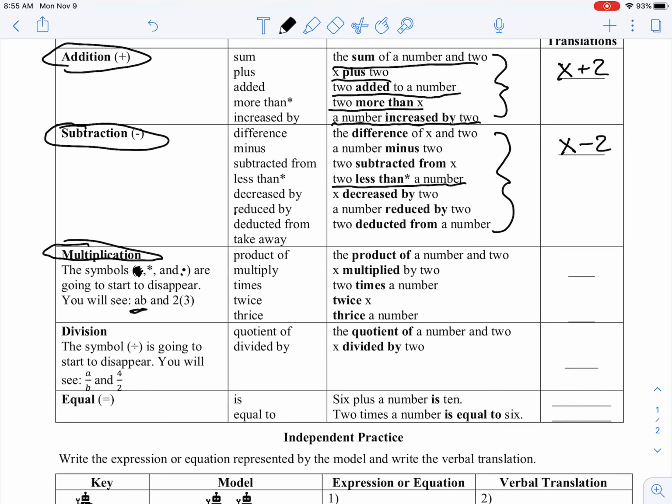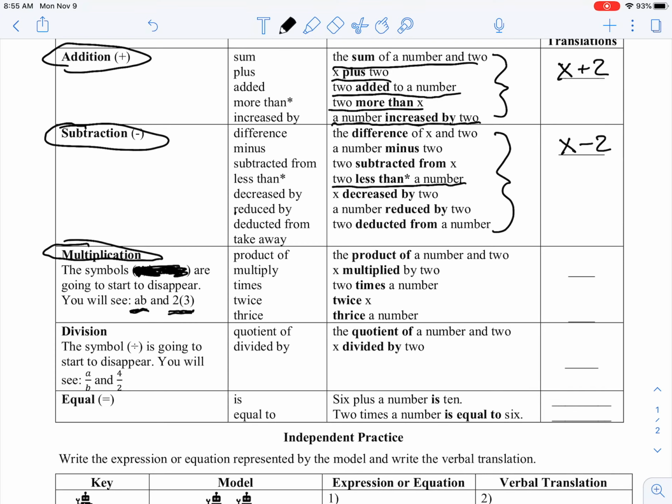We're going to be seeing numbers next to variables, or variables next to variables, or things outside of parentheses and things inside of parentheses right next to each other. Those will show us multiplication. These symbols just kind of get in the way when we're using algebraic thinking.